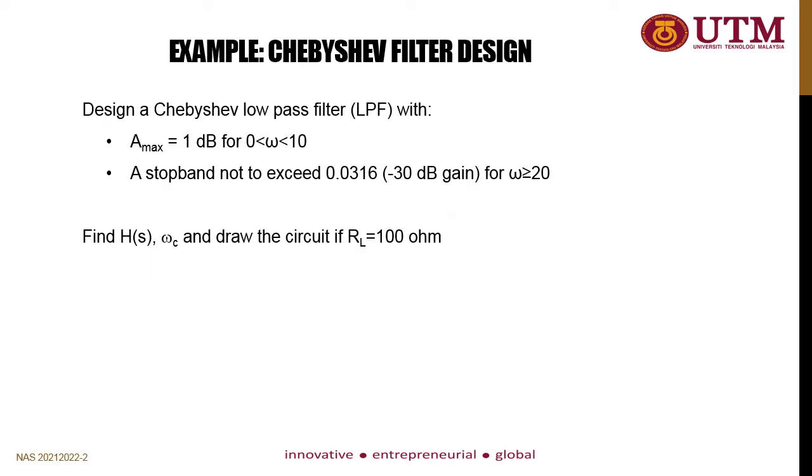Let's look at an example on Chebyshev filter design. Design a Chebyshev low pass filter. The first keyword is low pass filter, with the following specification. I recommend you draw the filter response so that you can see where the alpha P, alpha S, omega P and omega S locations or values are.